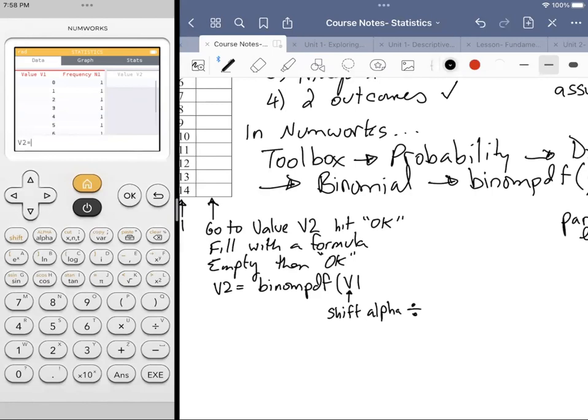The comma key, it's right below the toolbox. All right. So in there, I would hit the comma, then type in the number of trials, so 14, and the probability of success 0.508. Close it up, and then hit either OK or execute.